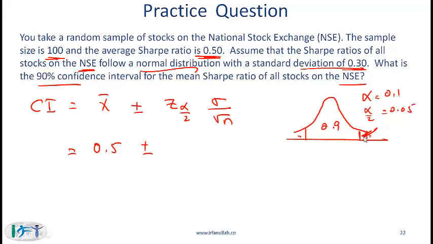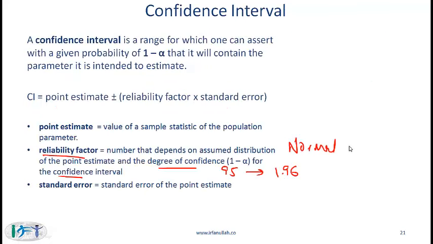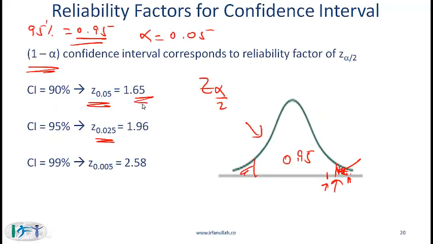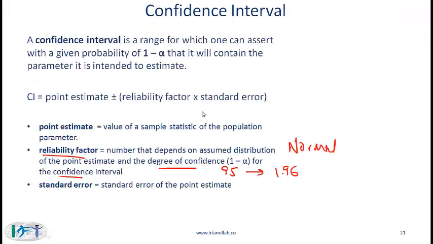So if this probability is 0.05, then the z value over here is going to be 1.65. So 90% confidence, z value or the reliability factor 1.65.